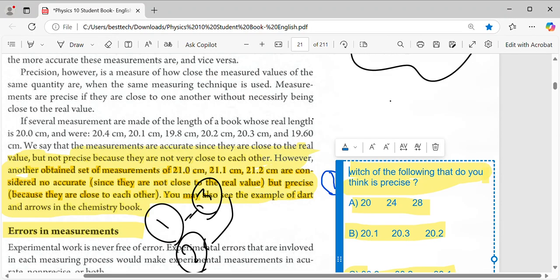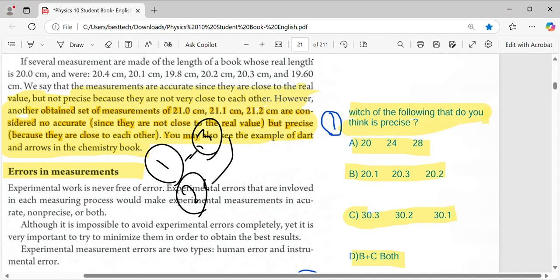Okay, we have an example now. Which of the following do you think is precise? We have three numbers, and they should be close together. Part A, we have 20, 20, 24, 28. No, it's not close. Part B, we have 20.1, 20.3, 20. Of course, so close, just different by 1 point. But don't decide. Don't say, Mister, the answer is B. Wait a minute. Part C, 30.321.